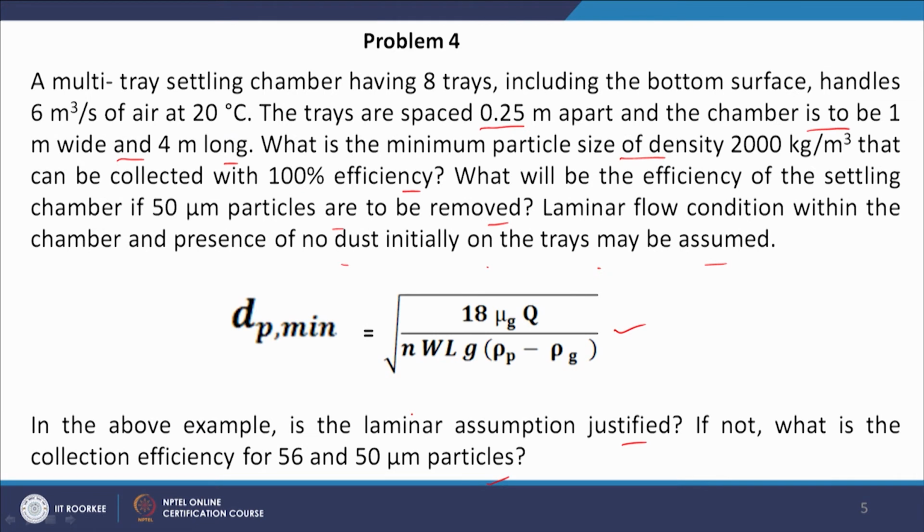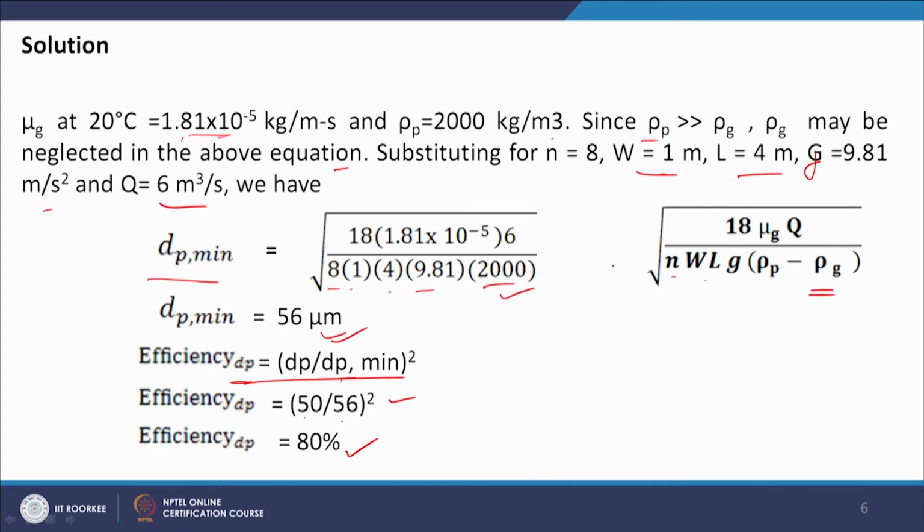In the first part we had to calculate the efficiency of the settling chamber if 50 micrometer particles are to be removed, and laminar conditions within the chamber are present and no dust initially on the tray may be assumed. On the basis of those assumptions we can get it for 50 micrometer particles, because 56 is our minimum diameter.